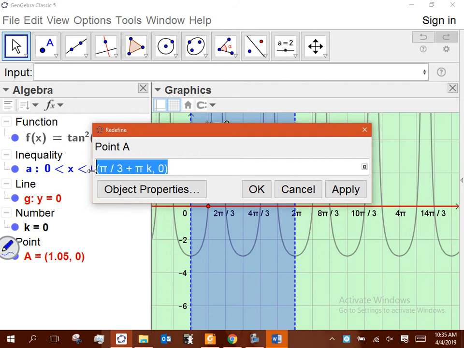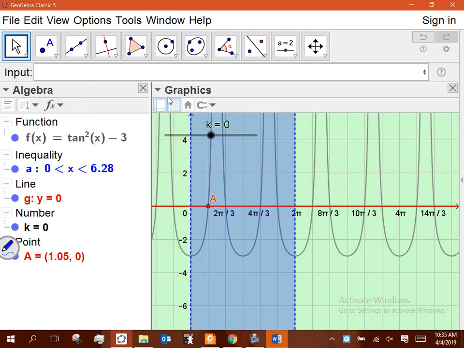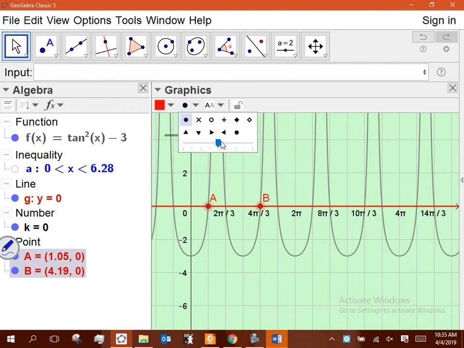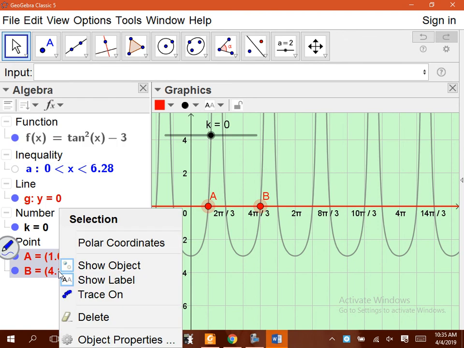I'm going to create another equation that's 4 pi over 3 plus pi k. It gives me that point right there, A and B, okay? If I look at those two points, A and B, pay attention to them, see if I can trace them.